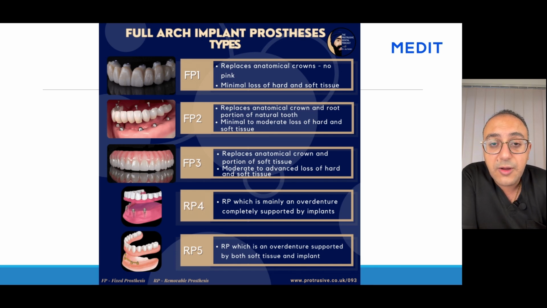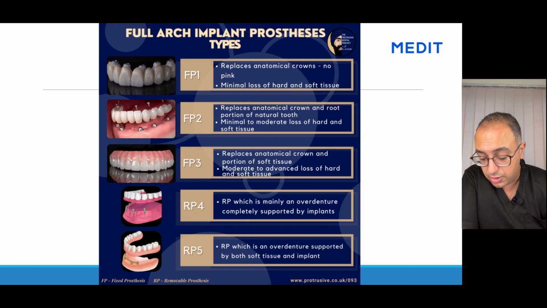So as you can see now, FP goes for fixed prosthesis. You can also use removable prosthesis whenever you have big loss in the jaw bones, which we call RP4 and RP5, which means that the restoration is removable.